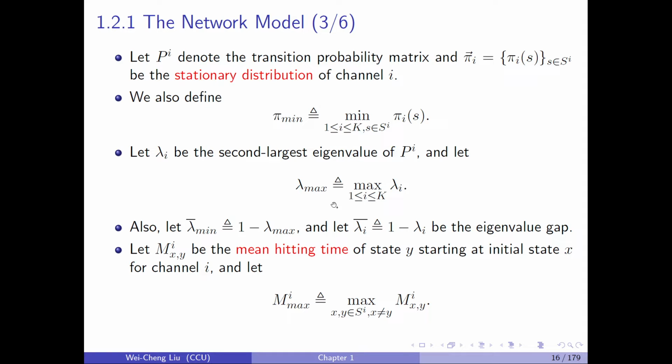Lambda bar minima is defined as 1 minus lambda max. And lambda max is defined as the maximum of lambda_i, where i is greater than or equal to 1 and smaller than or equal to capital K, and lambda_i is the second largest eigenvalue of P_i, and P_i is the transition probability matrix of channel i.